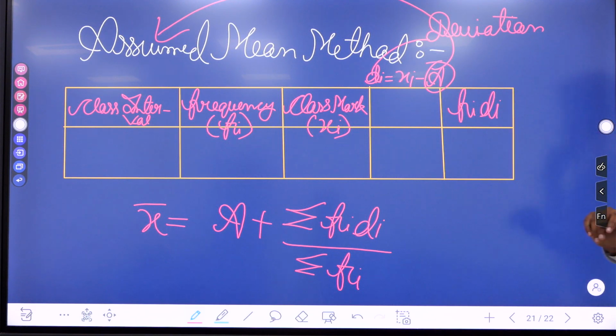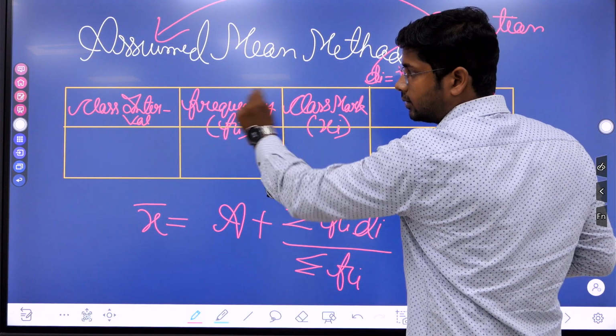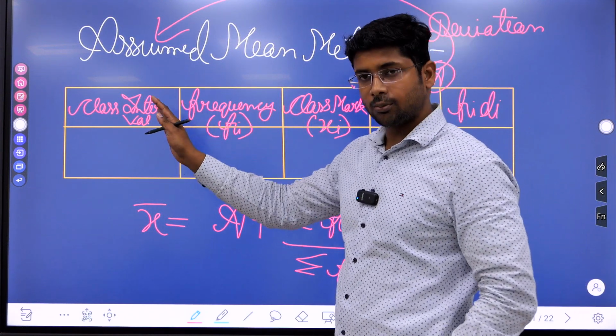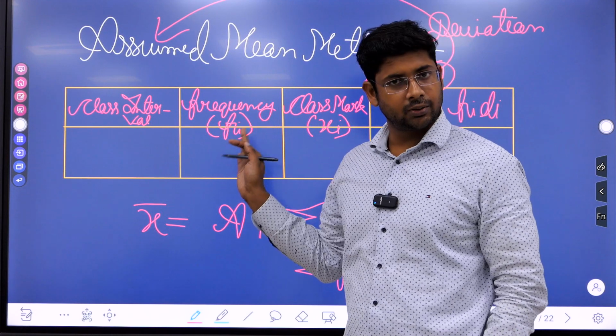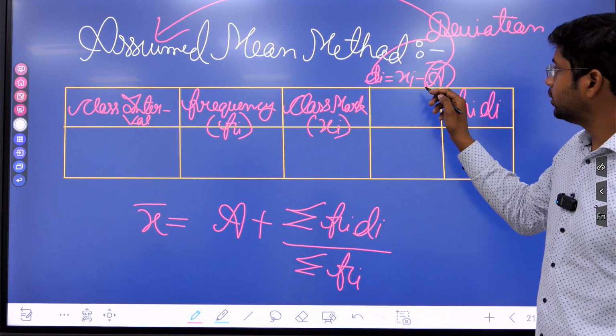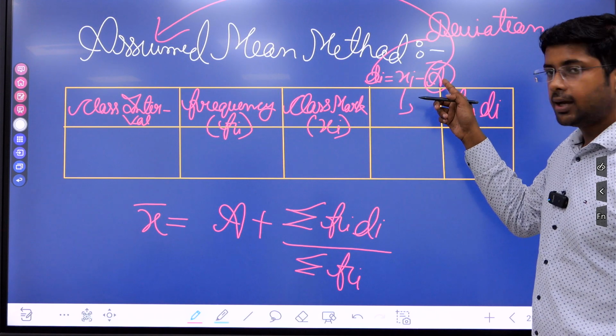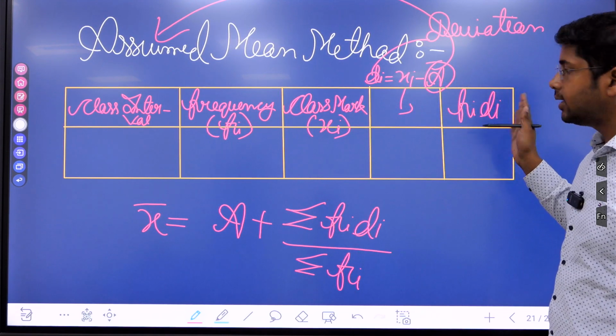So in the assumed mean method, first of all you draw class interval. Always remember, for every method, class interval, then frequency, then class mark, then di equal to xi minus a, where a is assumed, then fi di.